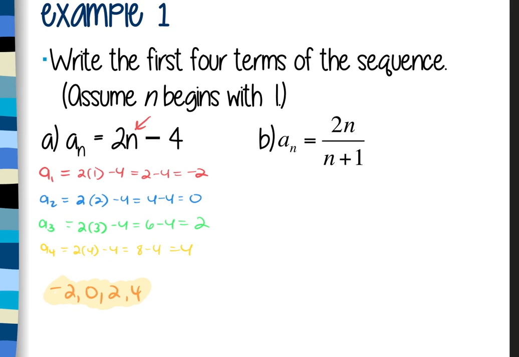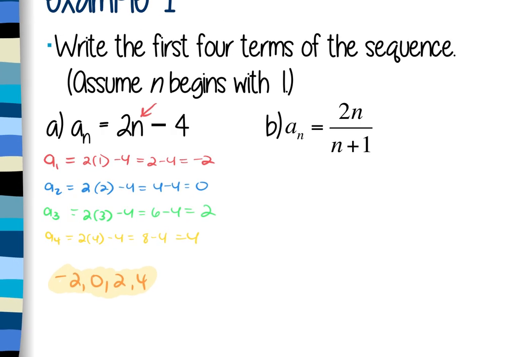All right, you find the first 4 terms of the sequence for B. So A1, now there's 2 n's, but you put the 1 in both those spots. So 2 times 1 over 1 plus 1, 2 over 2, which is 1. Then A2, 2 times 2 over 2 plus 1, 4 over 3.